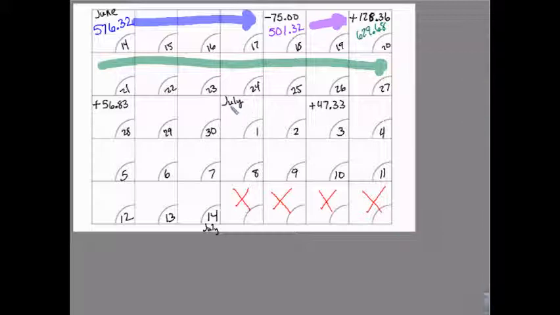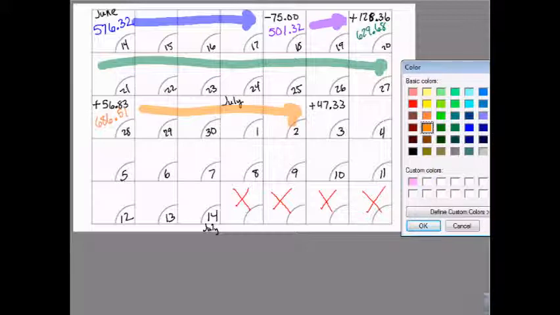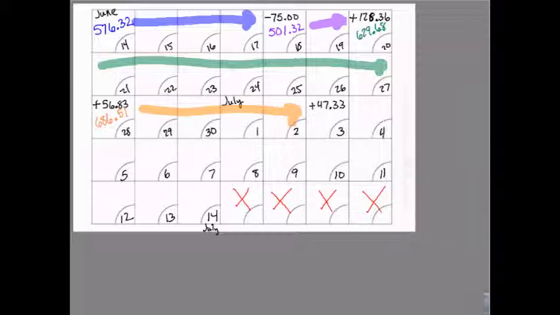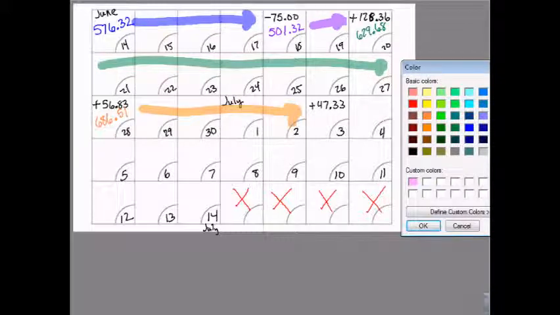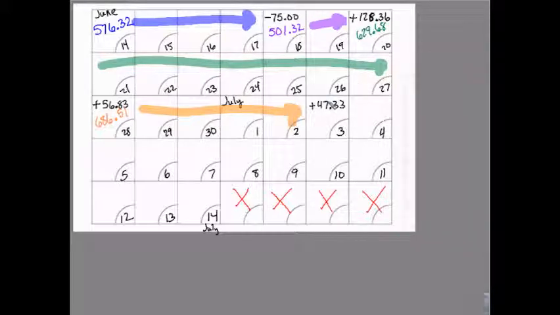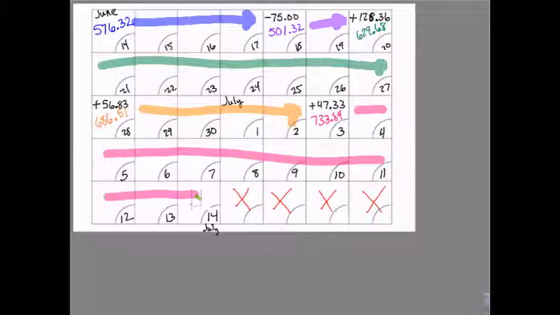And then we add 56.83, which brings us to 686.51, which we keep until here. And then we add 47.33, which is the last transaction in that billing cycle, so we stay at that all the way to here. 733.84.